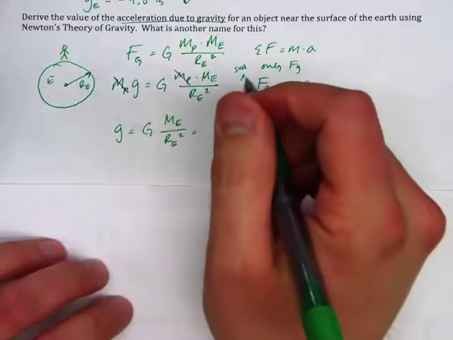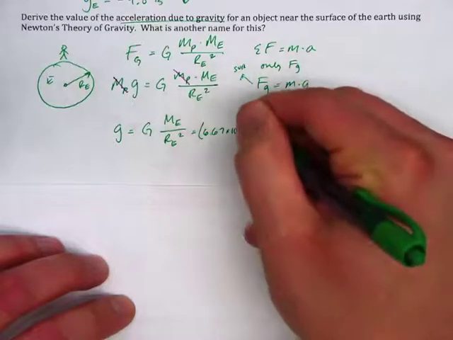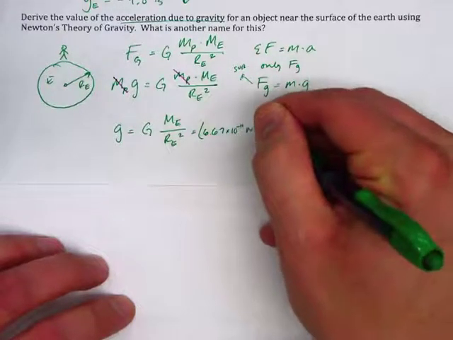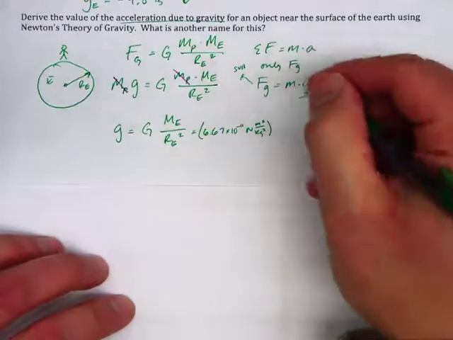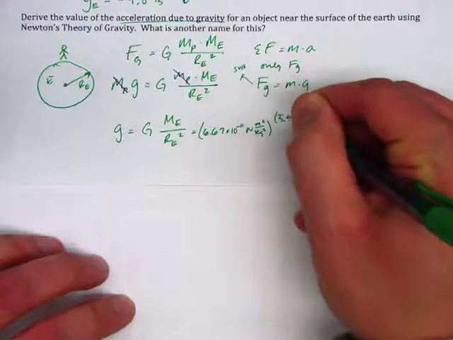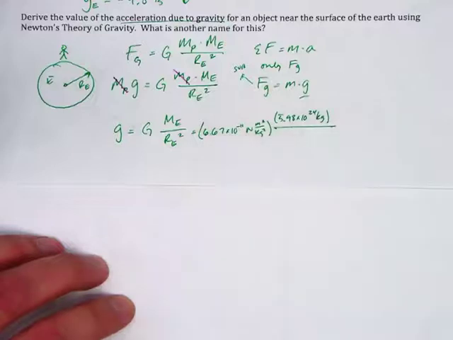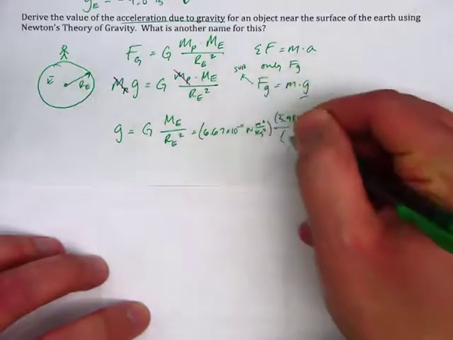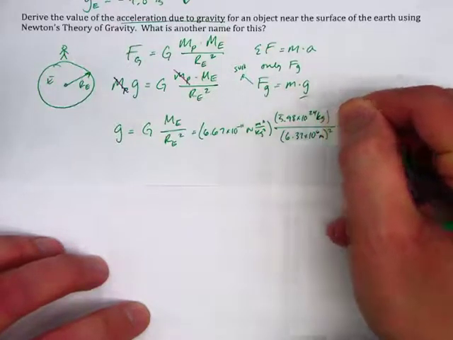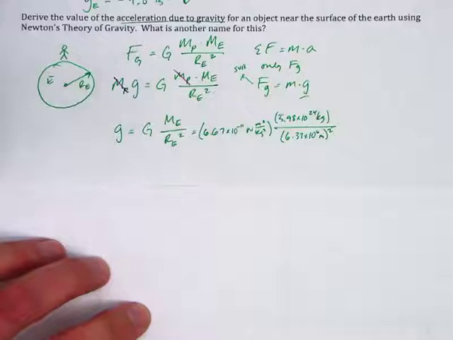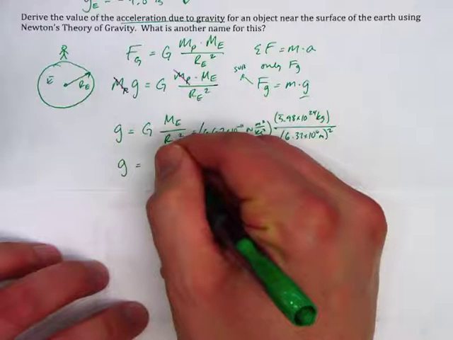And when I plug in the known values, 6.67 times 10 to the minus 11th, which is in Newton meter squared per kilogram squared, a constant of proportionality, the mass of the Earth, which is 5.98 times 10 to the 24th kg, a massive number if you think about that, and the radius of the Earth, which is 6.37 times 10 to the 6th meters, squared, when I calculate that all through, what I get is approximately 9.8.